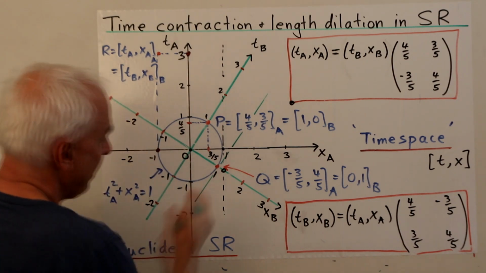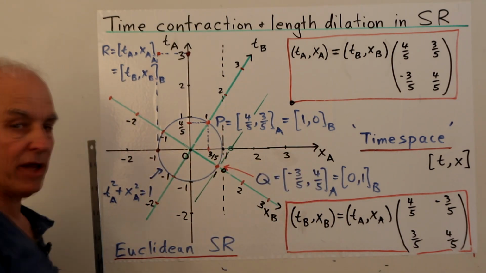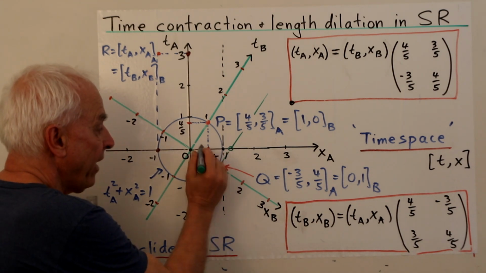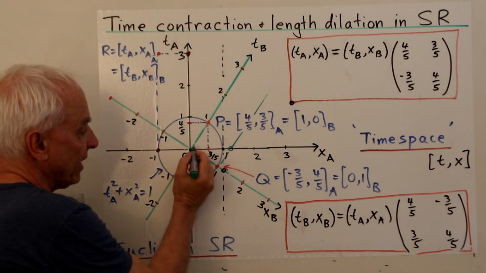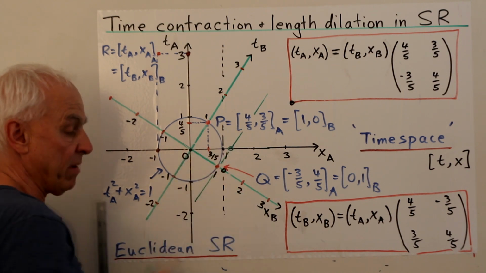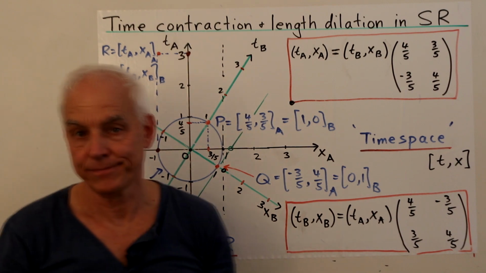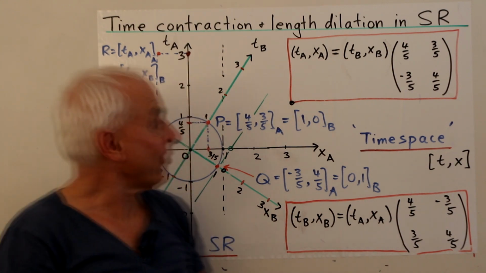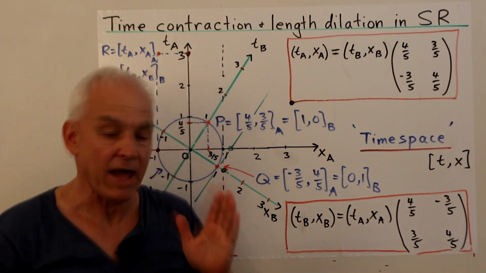So it goes something like that, and it's going to meet the A spatial axis at that point there, and you see again exactly the same as before. A will read that the length of this ruler of B is actually more than 1. So this is length dilation. And that's all it is.